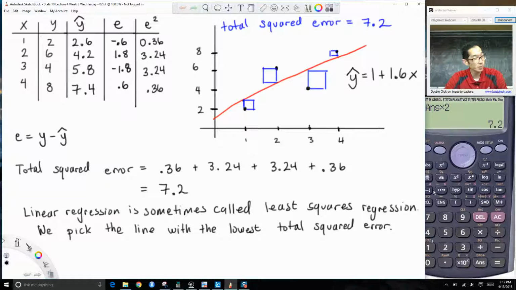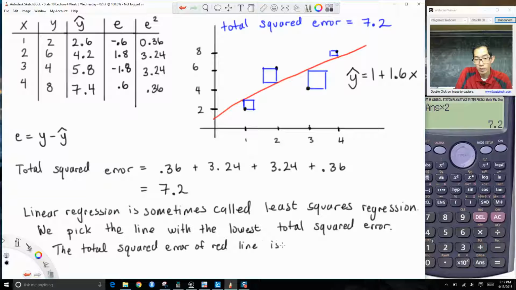The red line has a total squared error of 7.2. We will say this red line is the better fit. So the total squared error of the red line is lower than the TSE of the green line. So the red line is the better fit.